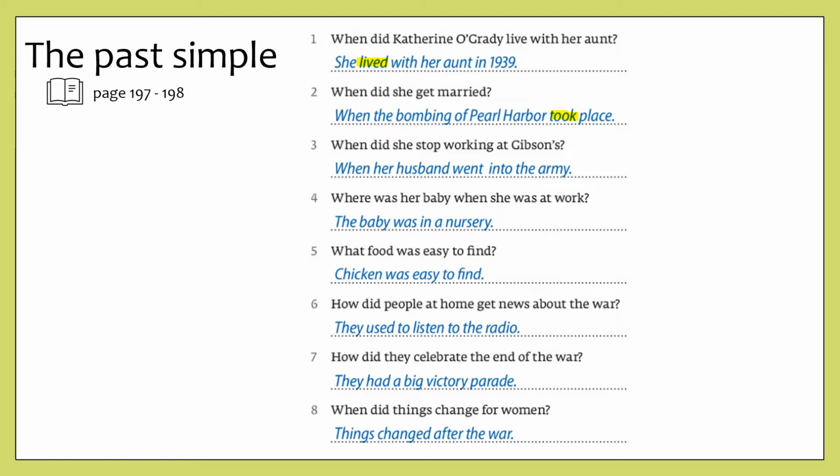She lived, Pearl Harbor took place, her husband went into the army, the baby was in a nursery, chicken was easy to find, they used to listen to the radio, they had, well, used to listen is a special form, and we're going to talk about that. They had a big victory parade, and things changed after the war.